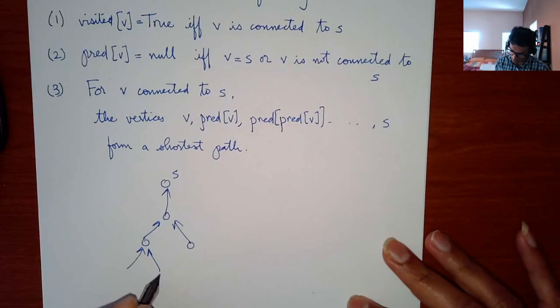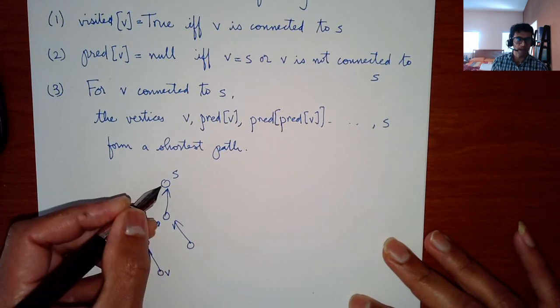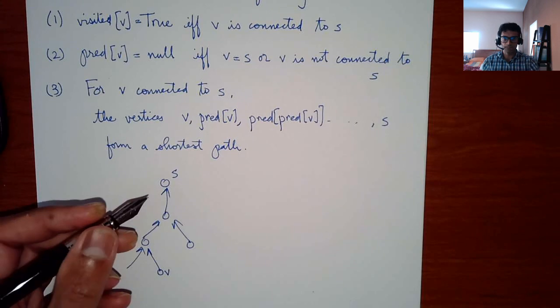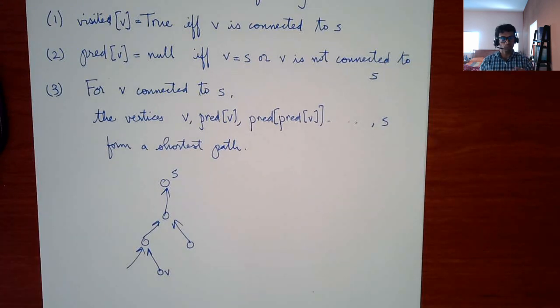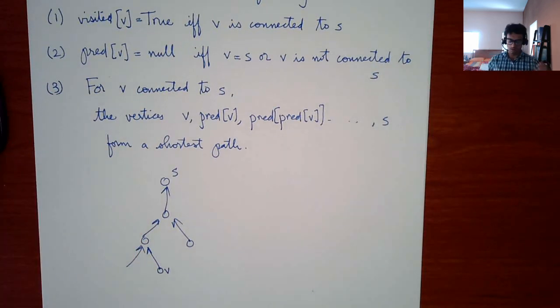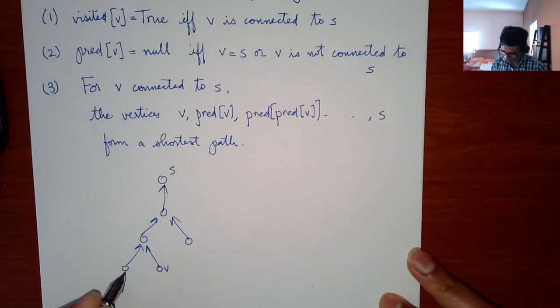So if you start with V, then this is the predecessor of V. You follow the predecessor of that, follow the predecessor of that, and at some point you're going to hit S. Because you keep going until you hit something whose predecessor is null, and the predecessor of S is null, and this will not go to any other vertex. So this is the way to think about the tree.